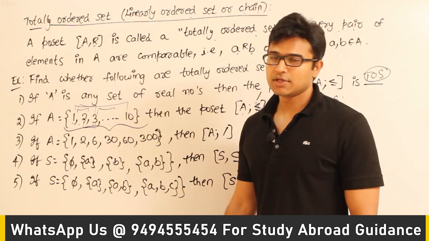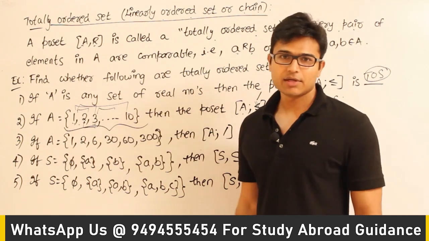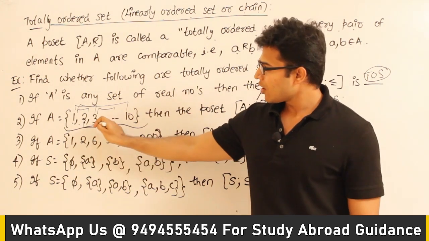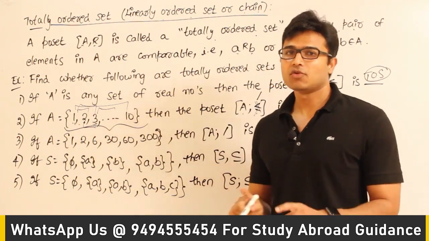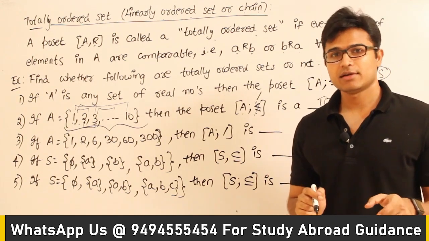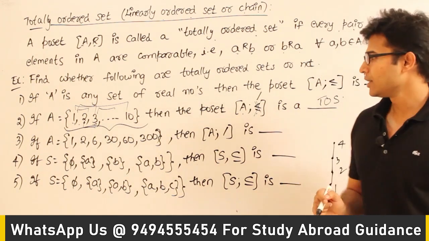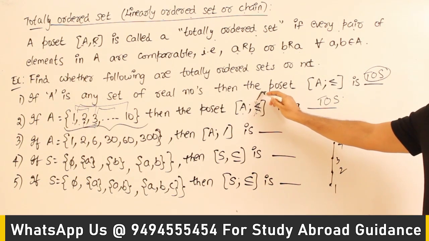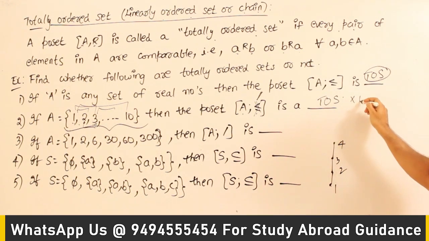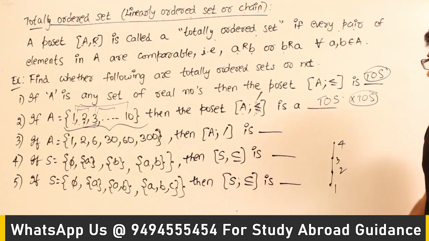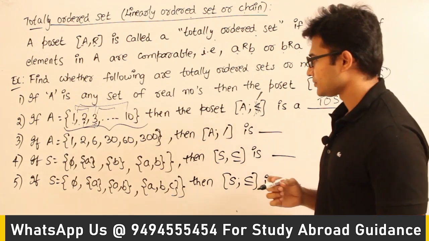It is not possible. Therefore, 2, 3 are not related, because 2 does not divide 3 and 3 does not divide 2. Every pair has to be related, then only we can say that it is totally ordered. Therefore, in case this is divides, then it is not a totally ordered set. Earlier it was less than or equal to, therefore it was a totally ordered set.